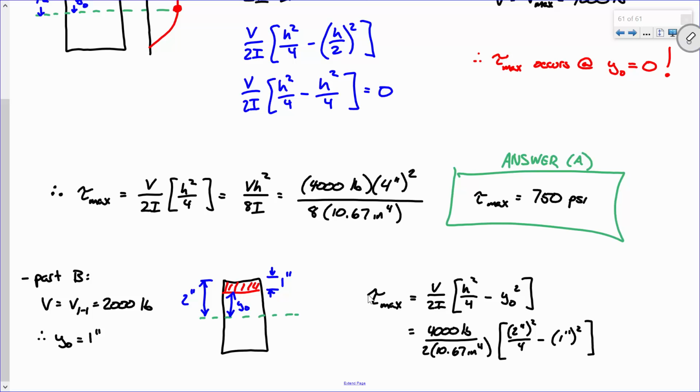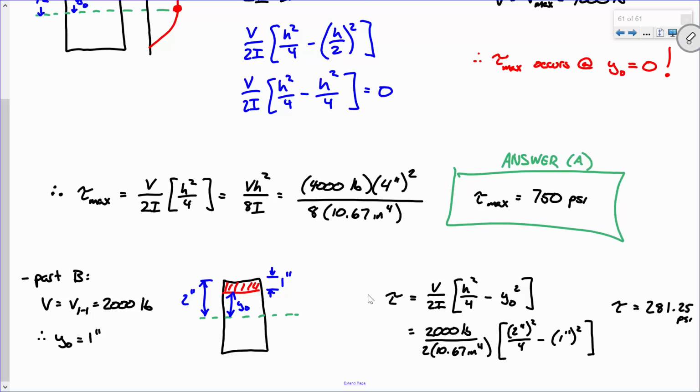Oh, wait. I messed something up. That is 2,000. Okay, hold on. First off, that's supposed to be tau, not tau max. And what'd you get? That sounds about right. 281 point, yeah. I got 2.5, but it doesn't matter. I'm just trying to do it.